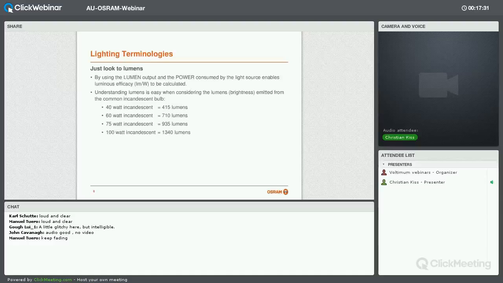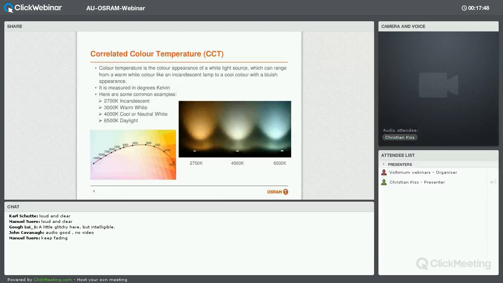And just for reference, those are some incandescent wattages and rough lumen outputs. A 40-watt incandescent lamp is about 415 lumens, and a 100-watt incandescent is up to 1300 lumens. So they're very inefficient, normally around 12 to 13 lumens per watt.